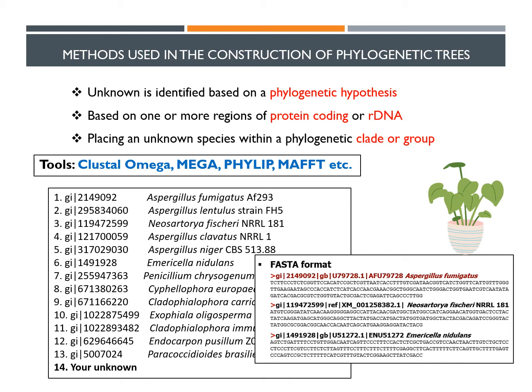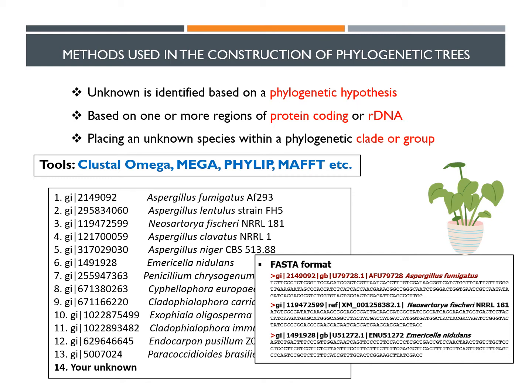However, the difference between these two methods is that in the latter, an unknown is identified based on a phylogenetic hypothesis, advocating an evolutionary perspective for recognizing fungal species and utilizing an approach with predictive value.